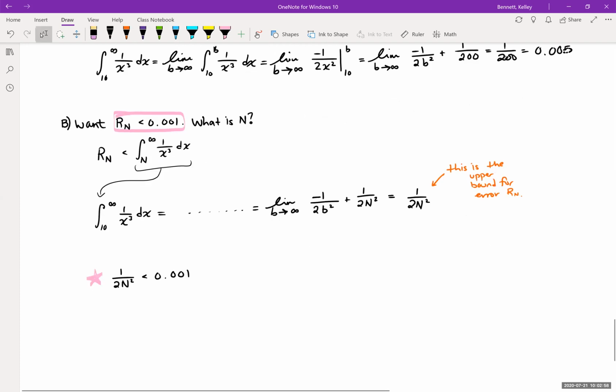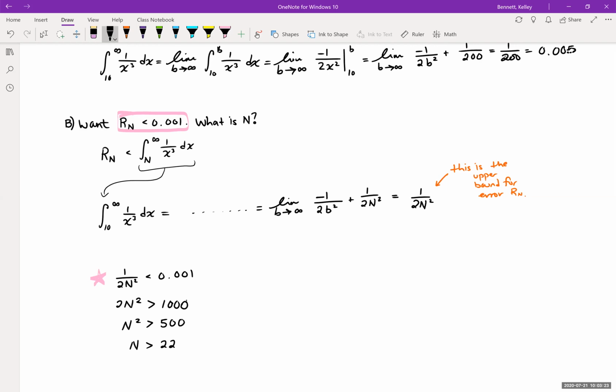So you just go ahead and solve the inequality. This becomes 2n squared is bigger than 1,000, so n squared is bigger than 500. Take the square root of both sides. N has to be bigger than, I want to say, 22.36. Yeah.